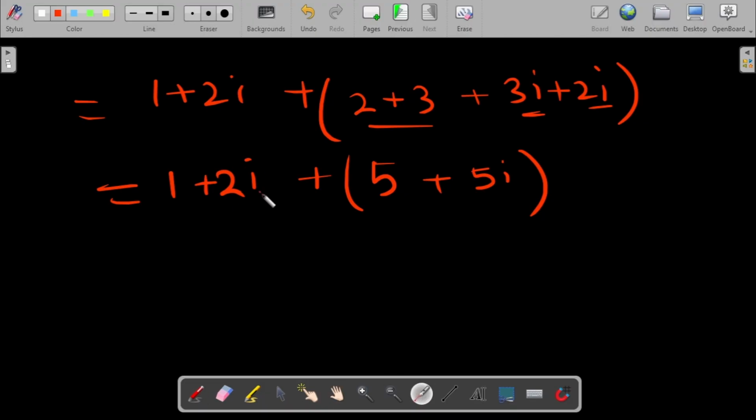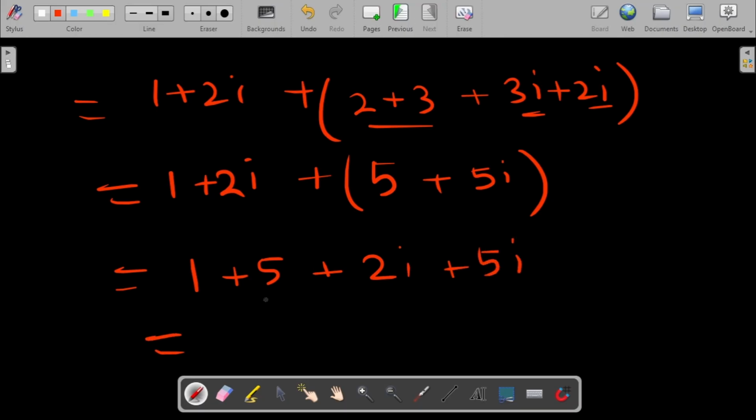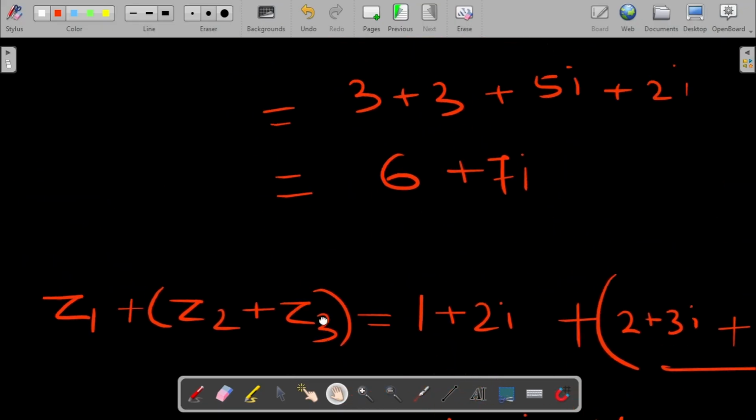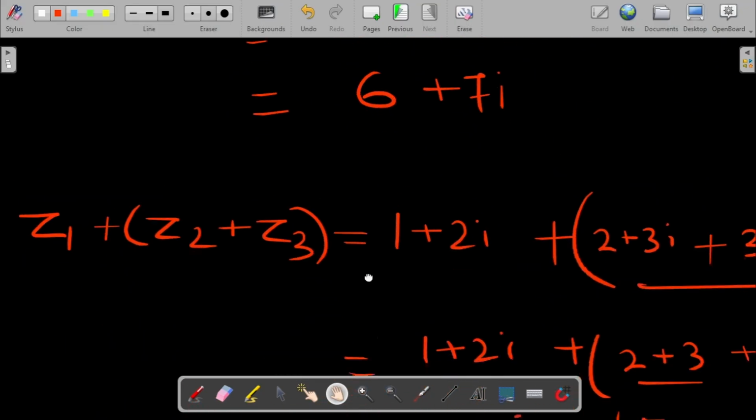Next, this is one complex number and this is another complex number. So I add this to complex number 1 plus 5, 2i plus 5i. 1 plus 5 is equal to 6, and 2i plus 5i is equal to 7. So what I get is 6 plus 7i. And here also I get 6 plus 7i.